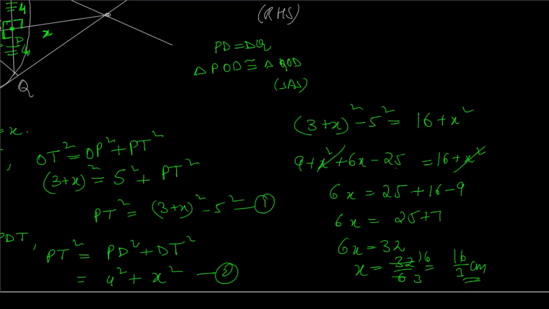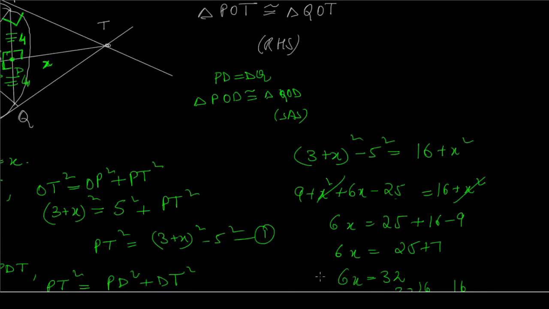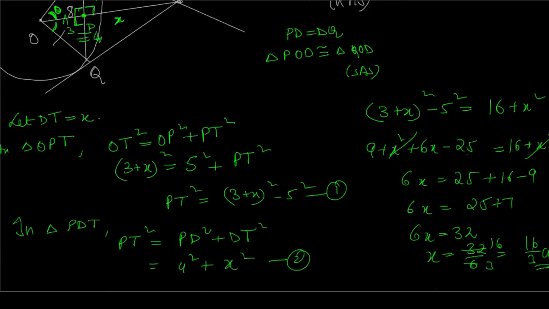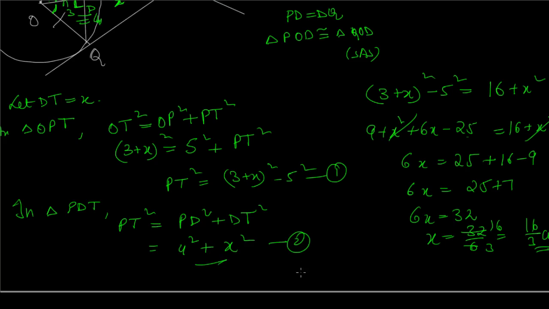Now you want to find the PT value, right? Substitute the x value in any of the equations, in this equation, so you get 16 plus (16 by 3) whole square. So it becomes 16 plus 256 by 9, and when you solve this you'll get the PT value. I hope it's clear, Samarth.